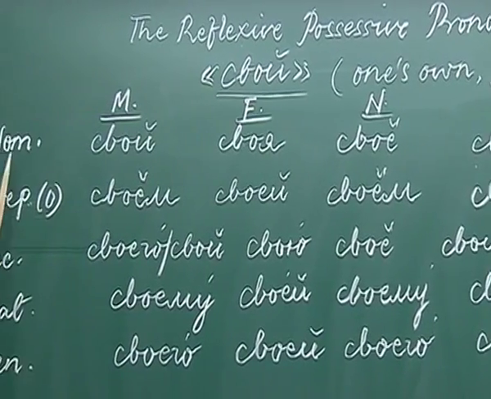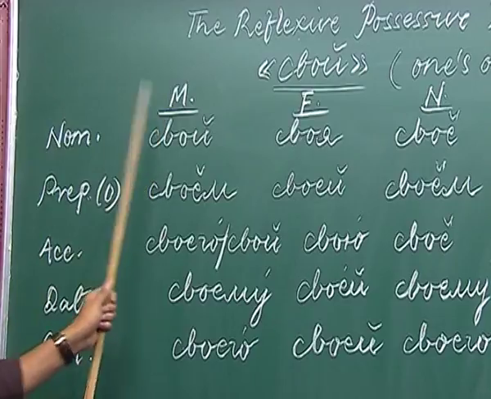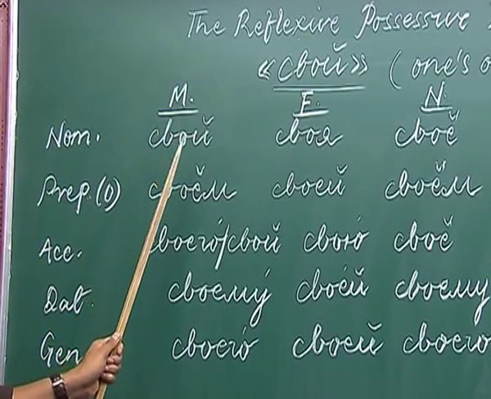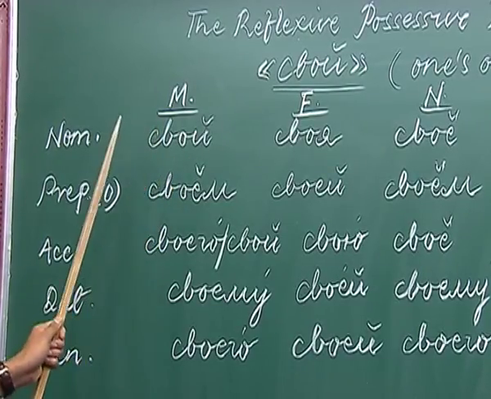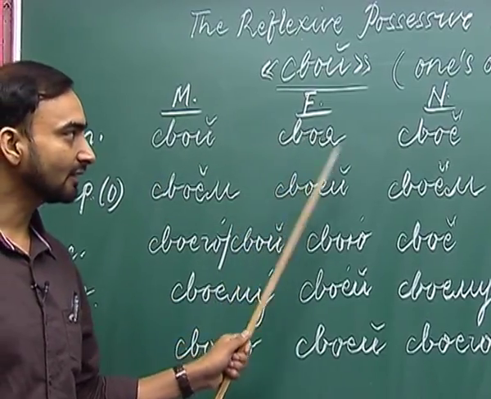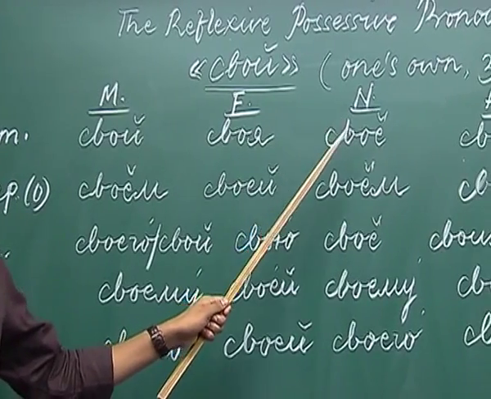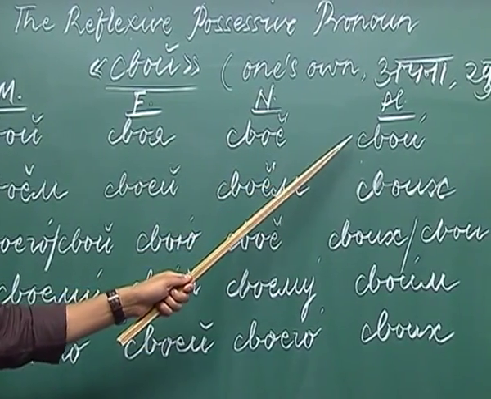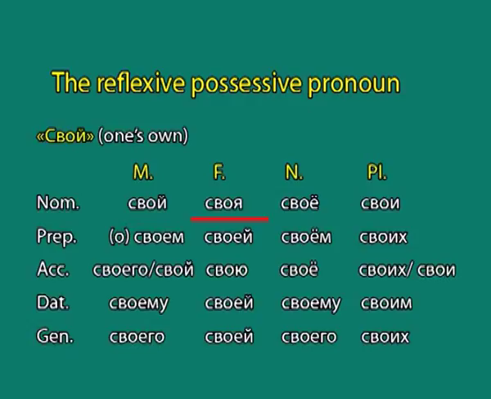Then in the nominative case, masculine, the form is свой, feminine becomes своя, in neuter своё, and in plural свои.